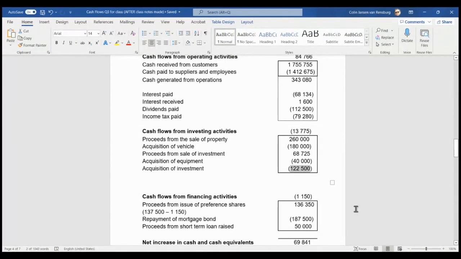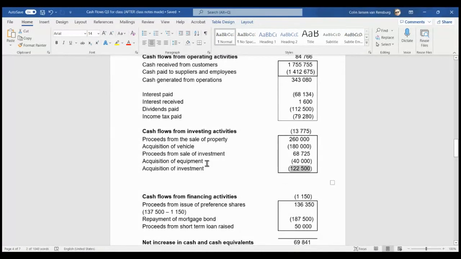We know that it's an outflow because we've credited our bank account, or we can simply logically reason through it. We'll see that we acquired an investment, so we had to pay for it, and therefore it'll be an outflow of cash. Consequently, we've got to show it as a negative in brackets.